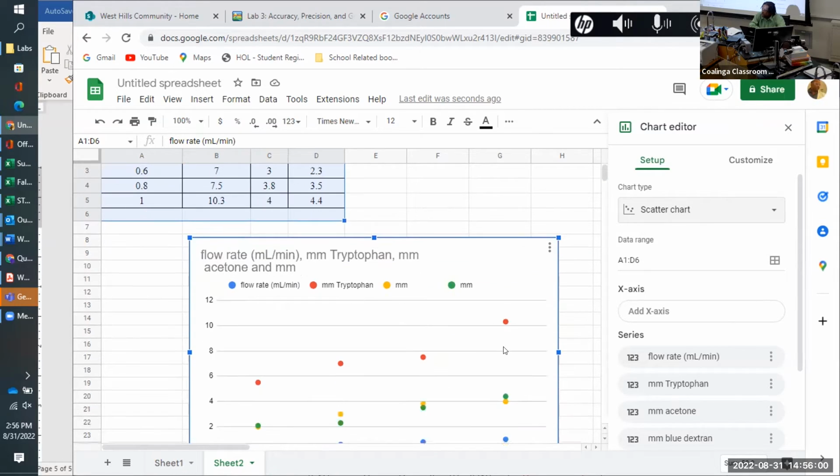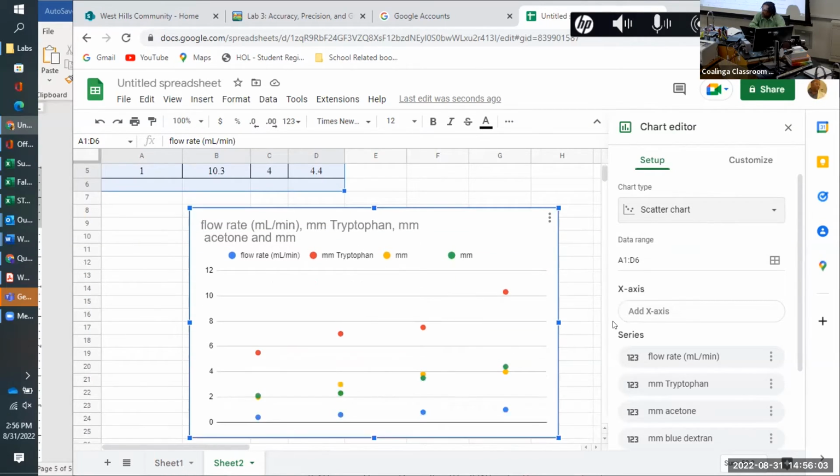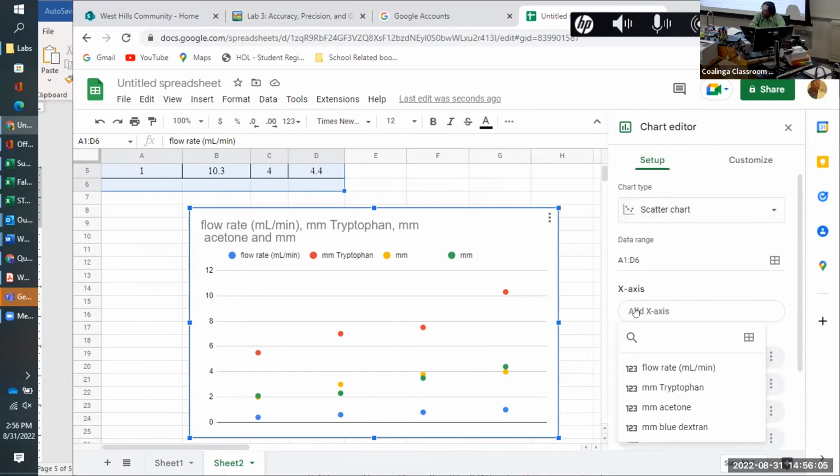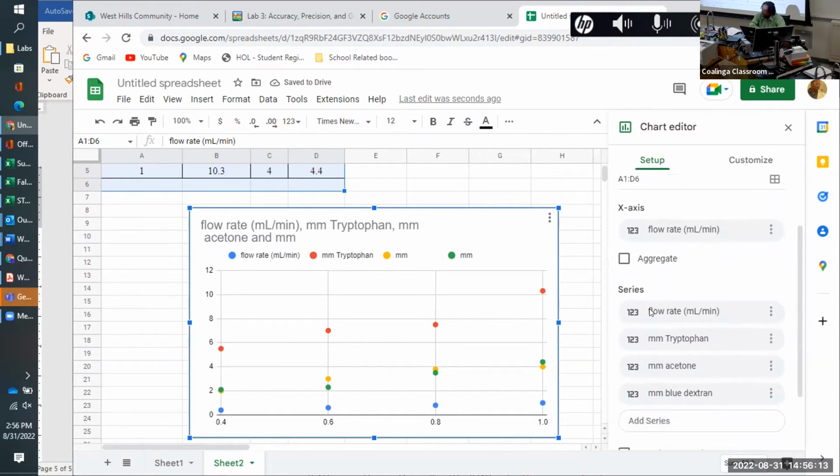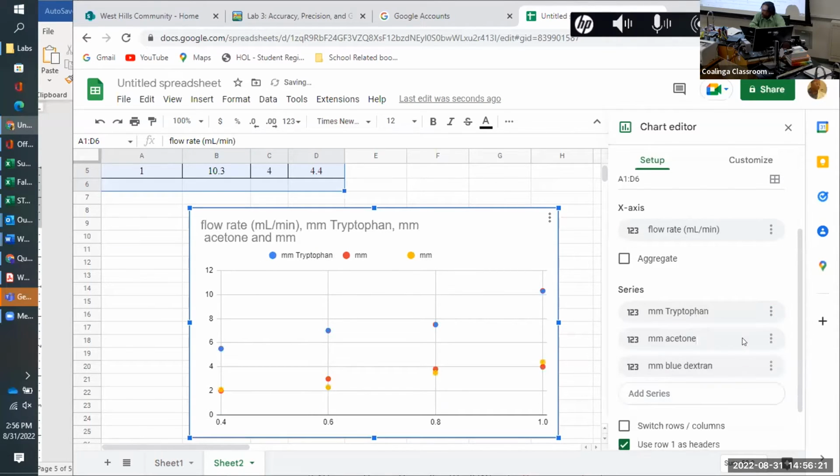Okay, so my x-axis, I'm going to add an x-axis. So I want my flow rate to be my x-axis, right? And then for my series or my y-axis, I want to remove the flow rate. So I'm going to go over here and remove just that one.